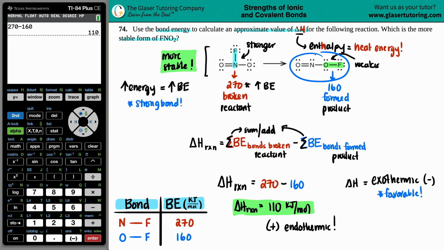It is not favorable. In chemistry, especially organic chemistry, you always want to produce a compound that is more stable than what you started with. So that's just another reason to say that the starting material, this form, is the more stable one. And that is the final answer.